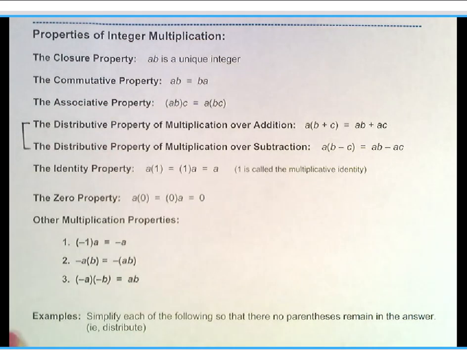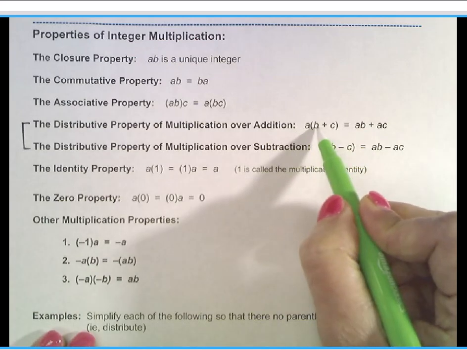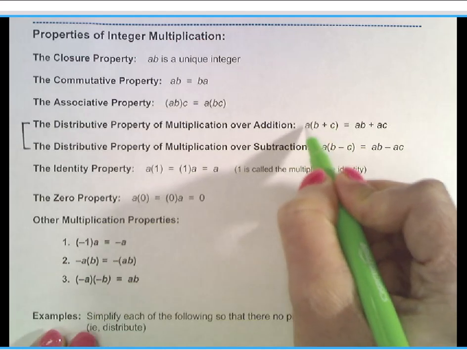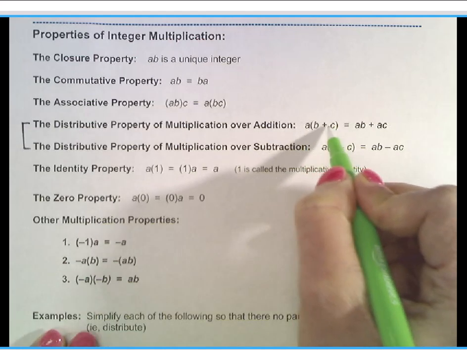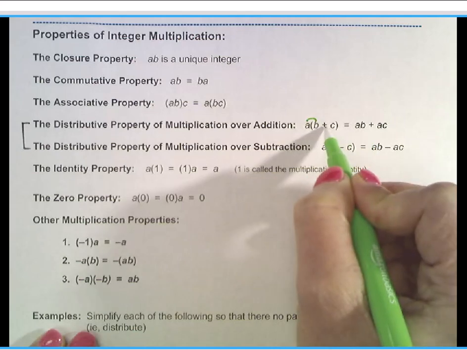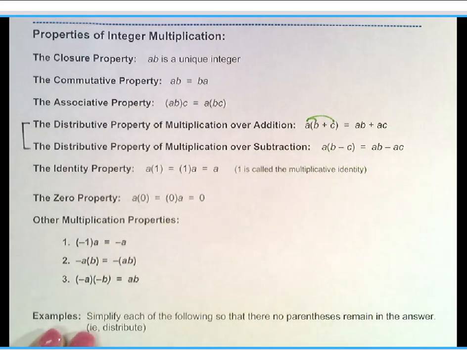These two are the distributive property. There's one for addition, one for subtraction. They're essentially the same thing. So if you have a number multiplied by a sum that's in parentheses, you can distribute this number by multiplication to each piece. So you can do A times B plus, you'll still have a sum, A times C. And you've probably seen it written like that with the little arches.